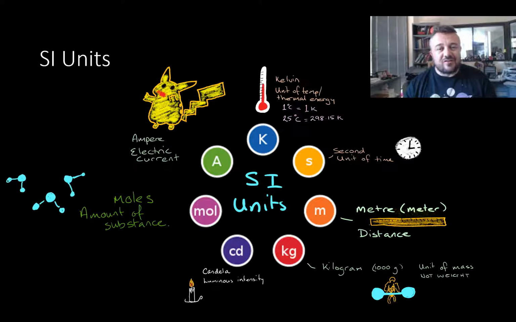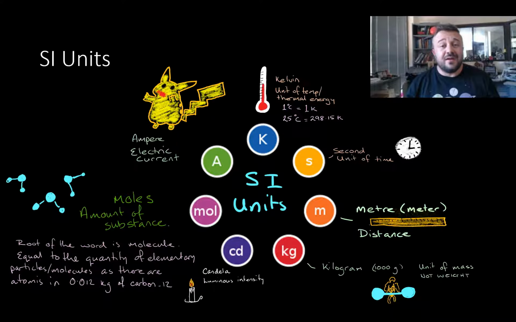This one's most interesting to chemists. We love this. Moles is the amount of substance, not the amount of matter, but the amount of particles in there. Mole is amount of particles, and that's quite an interesting one.